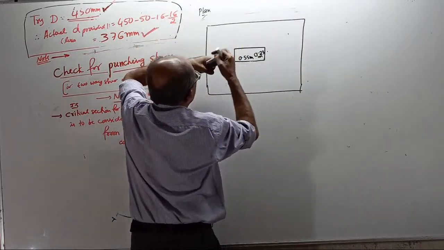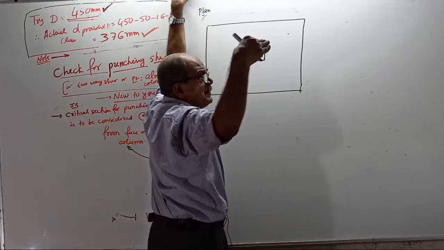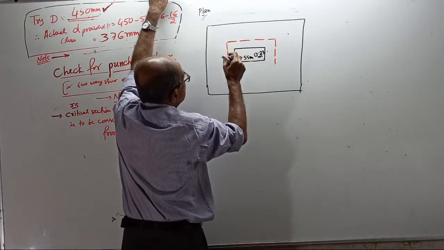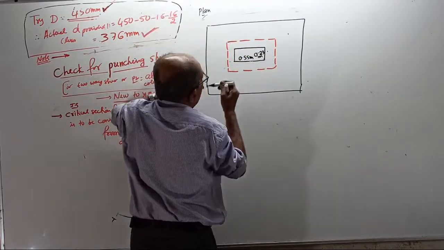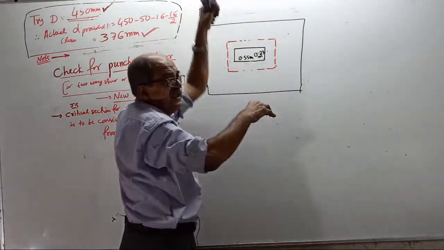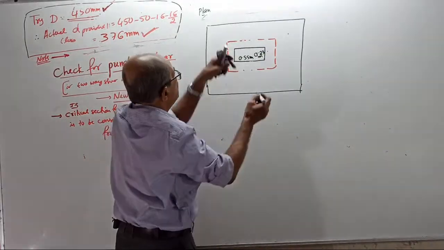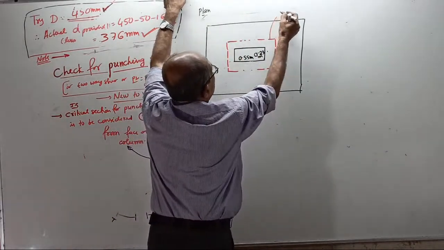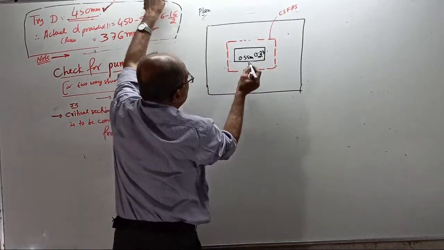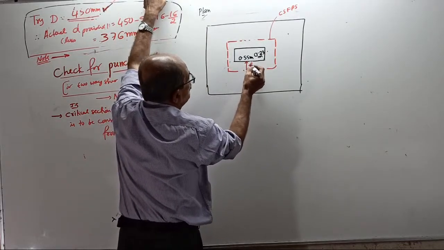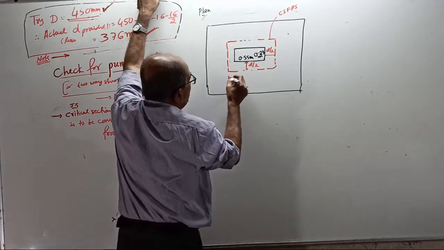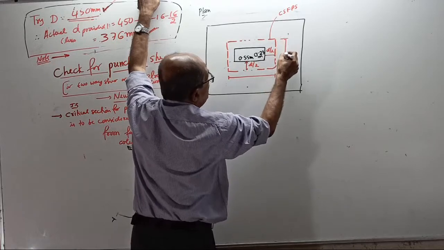When you see, punching is perpendicular to the plane. All around, you take the critical section this way, so that the punching comes this way. This is your critical section for punching shear. The distance from here is d by 2, and from here also d by 2. First you find the periphery of the critical section.